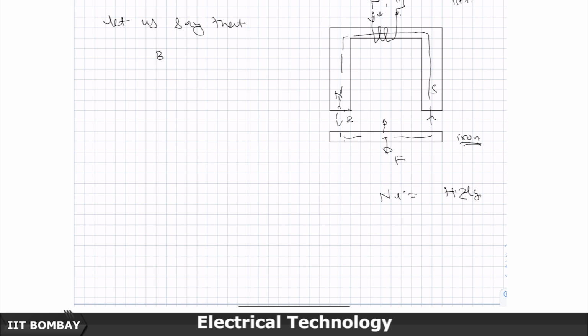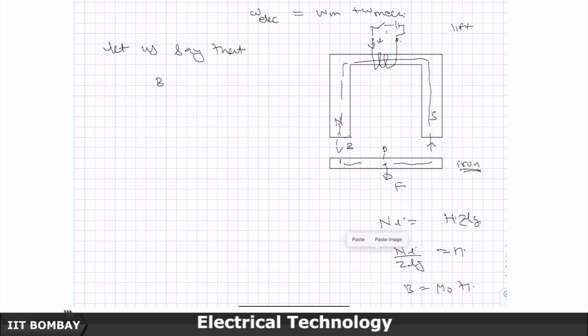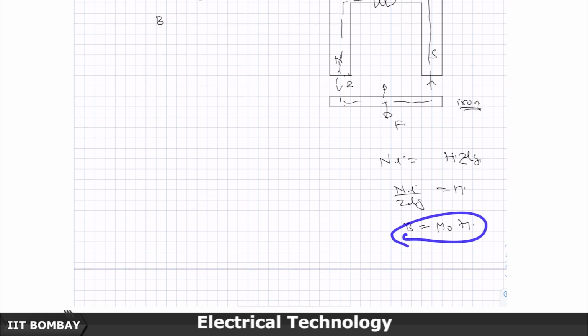So, it will be Ni by 2 Lg will be H, and B is going to be mu 0 H. If I know what my Lg is at any given point of time in the process of lifting, and the current connected is I, so it may be a current source instead of a voltage source, then the B in the air gap will turn out to be B equal to mu 0 H, and mu r of the iron we usually take as infinite. In the ideal case we take mu r to be infinity.